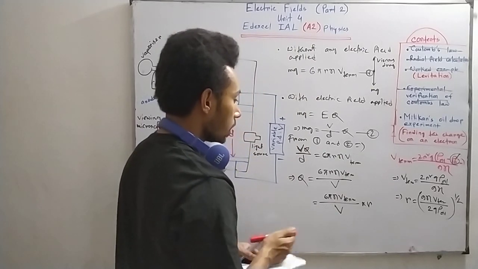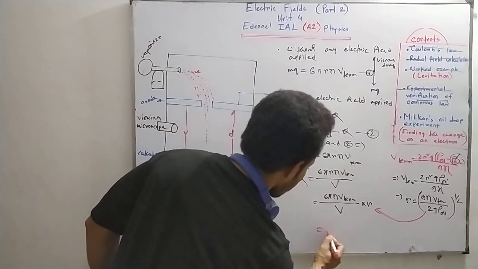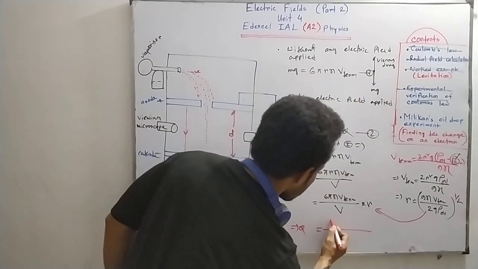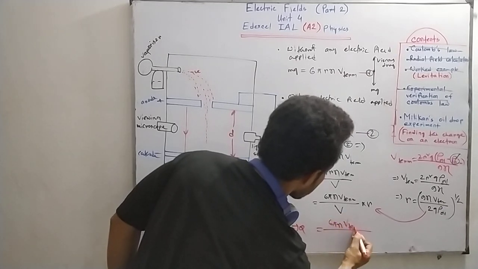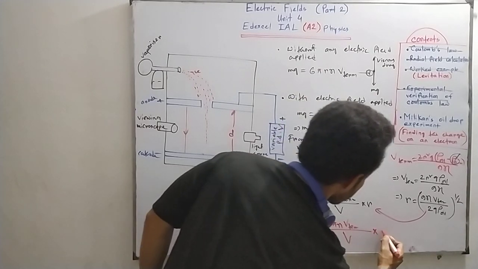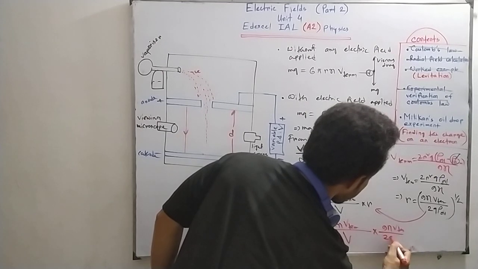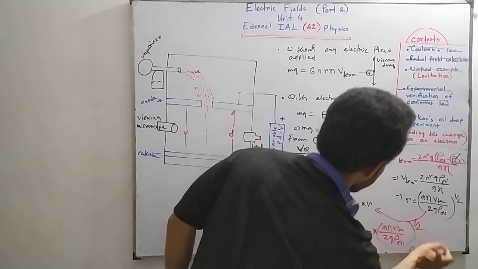And if you put the value of r in this case, you will have the formula finally Q equals 6 pi eta V term divided by PD, potential difference, into 9 eta V term divided by twice g rho oil to the power half.